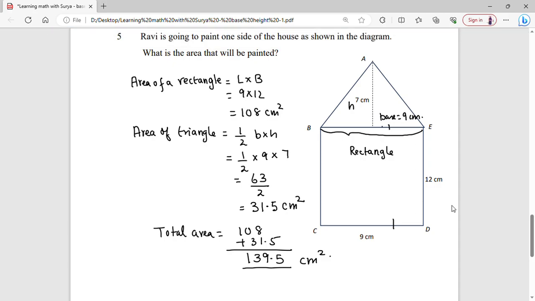So I hope this is clear of how to calculate the area of triangles in composite figures. I hope you enjoyed this session and keep tuned for the next session on areas of triangles of type 2. Thank you very much.